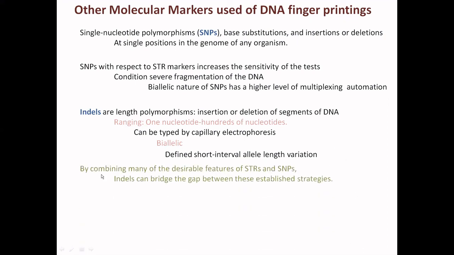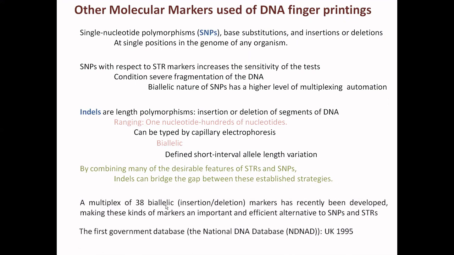Then it combines many of the desirable features of the STRs and the SNPs. Indels can bridge the gap between these established strategies. So STRs, SNPs, and indels will provide robust information about the identity of an individual.